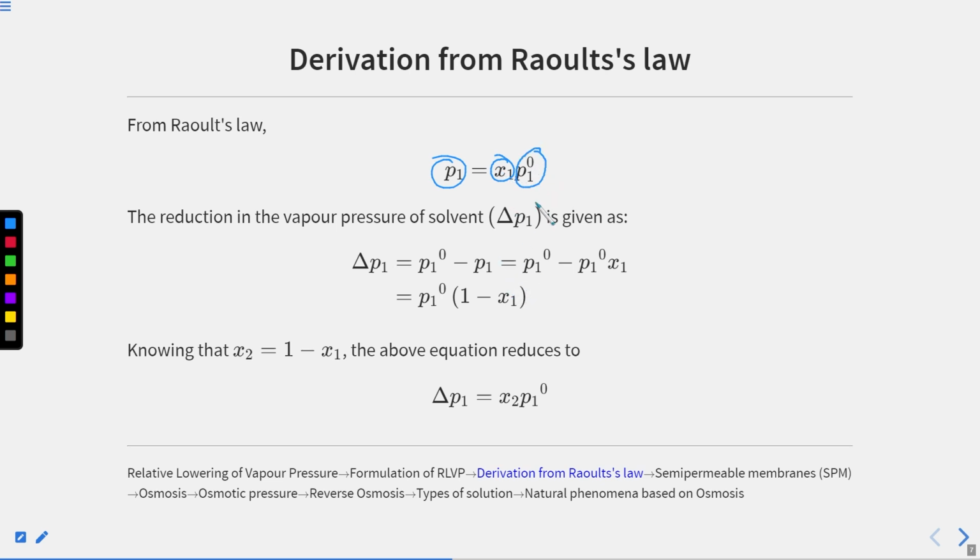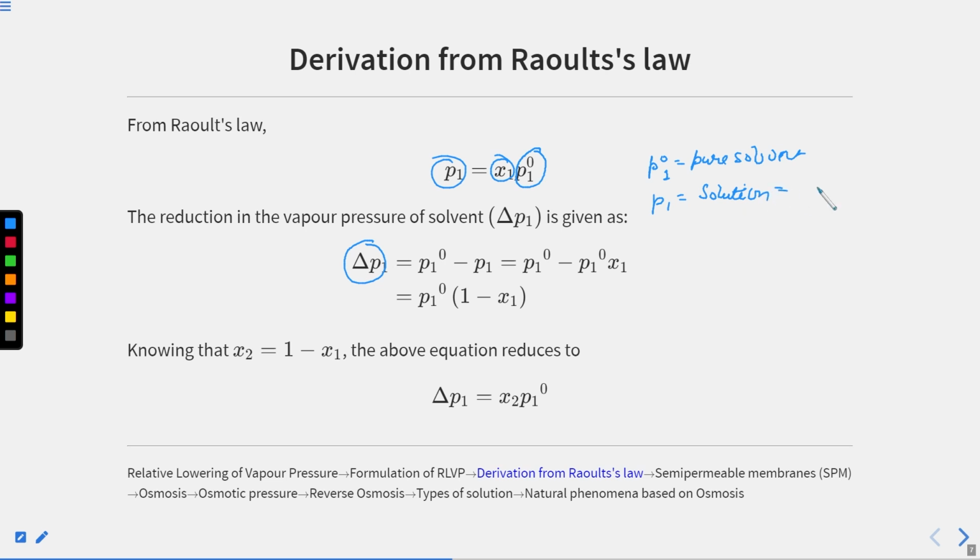What we are going to find first is the lowering of vapor pressure, so it will be delta P1. We write it as P1 naught minus P1. Here P1 naught is for the pure solvent and P1 is for the solution.